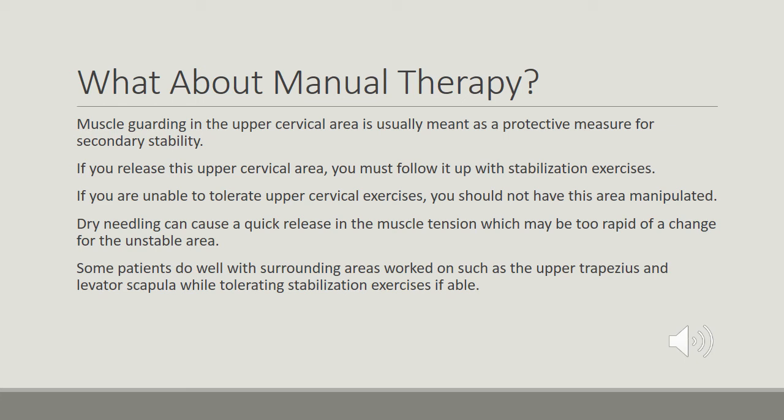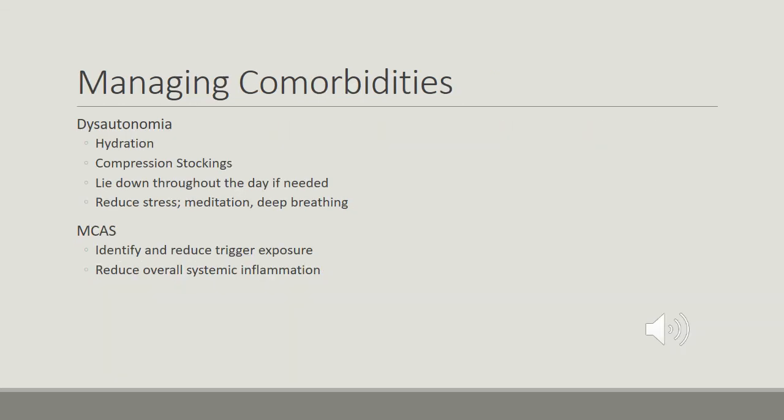Usually it's more stabilization exercises up higher and then manual work down lower. Again, you can go into the thoracic spine, posture evaluation, all of those things to really make an effect as well. But it's not necessarily the best thing, if you have true instability, to mess around with the upper cervical area with your practitioner.